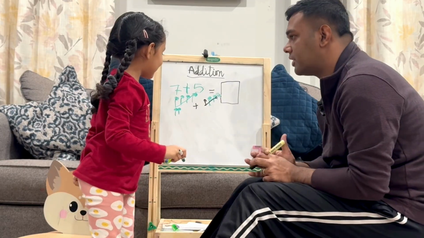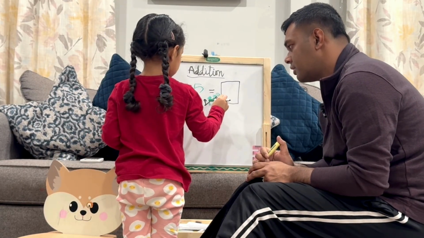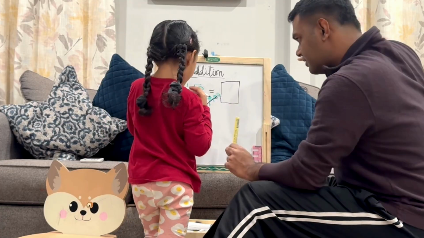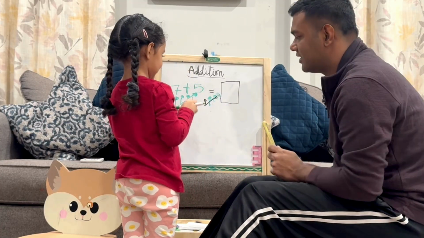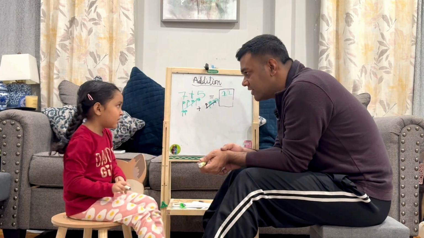Now count how many. 1, 2, 3, 4, 5, 6, 7, 8, 9, 10, 11, and 12. So how many lollipops are there altogether? 12.